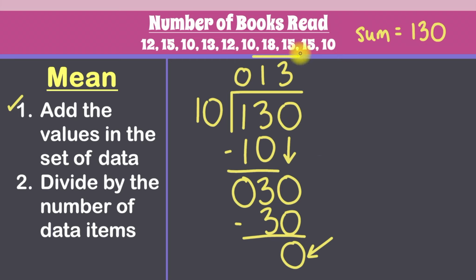Meaning our final answer is 13. And that makes total sense, because the smallest value in our set of data was 10, and the highest was 18, meaning that 13 is a reasonable answer for our mean. So we could say the mean for the number of books read is 13.